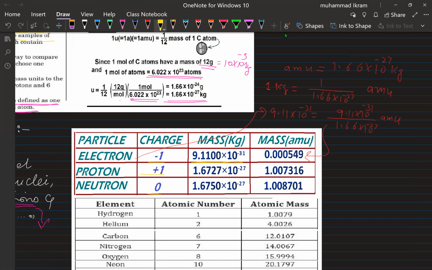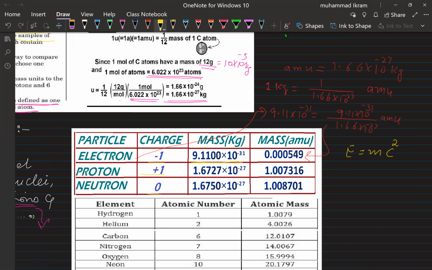So we also use the masses in terms of energy. E is equal to what? mc square. So the energy associated with 1 kilogram mass will be equal to what in terms of MeV?